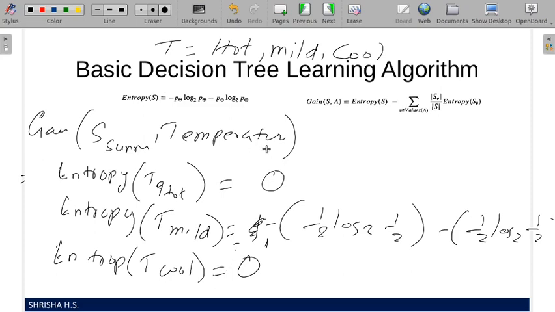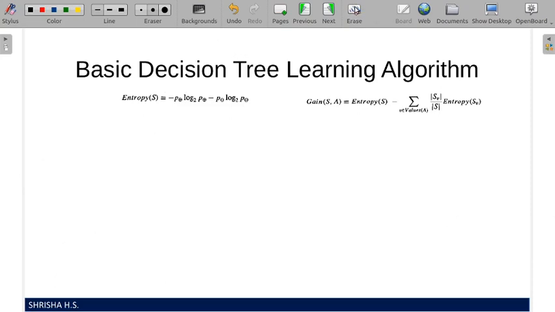So let's put it in for information gain. We have calculated the entropies, so let's do it for information gain. How do we calculate the gain where outlook is sunny, with respect to temperature?